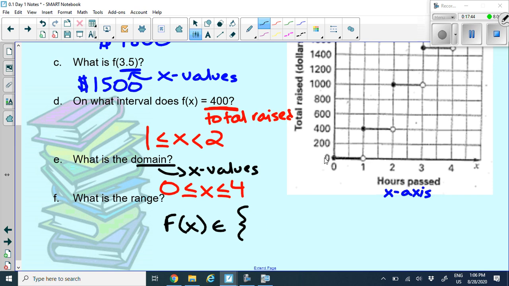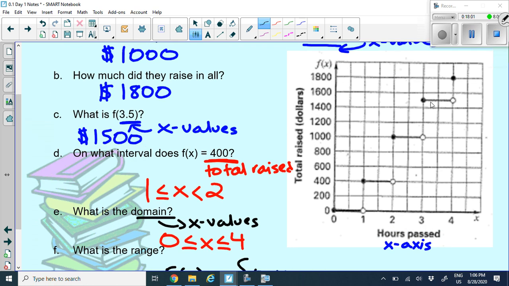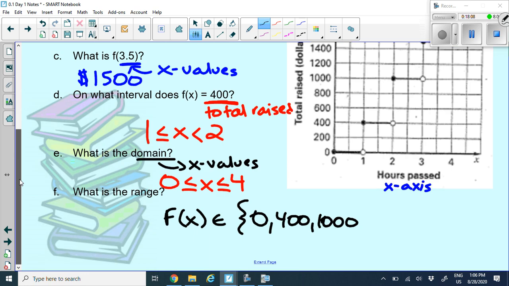Okay, so for the Y, I see 0, 400 has a closed circle, and 1,000 has a closed circle. So let me go ahead and write those numbers down. So we'll have to scroll back up for this. Okay, what else? I see 1,500. Remember, we kind of talked about that. And then I see 1,800 as well. So those are the other two values.